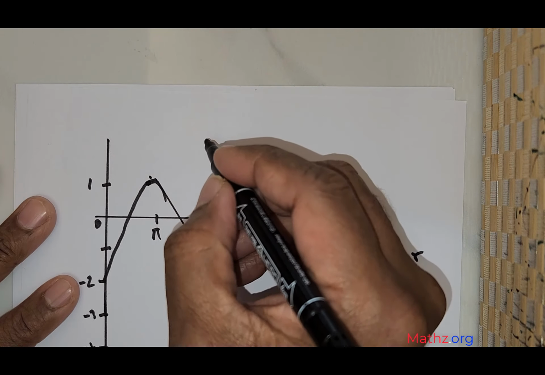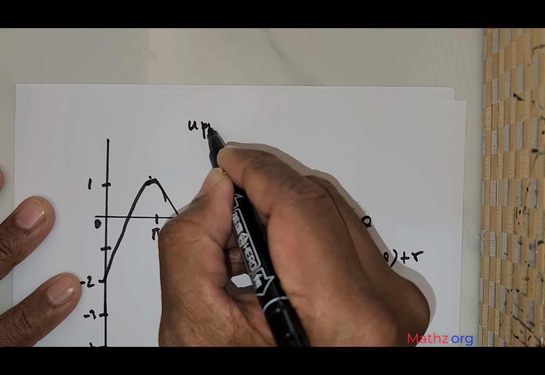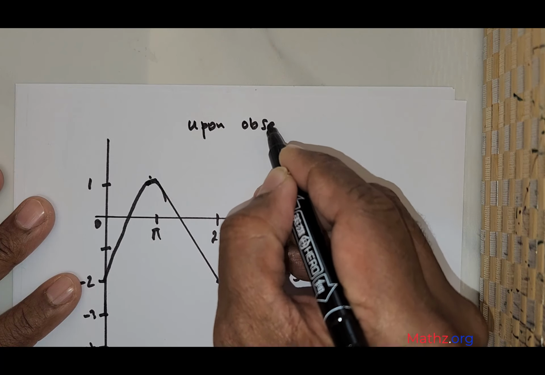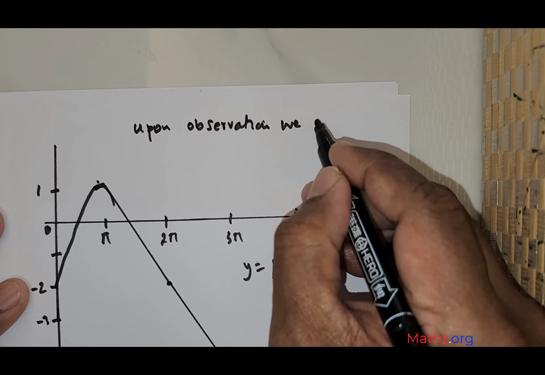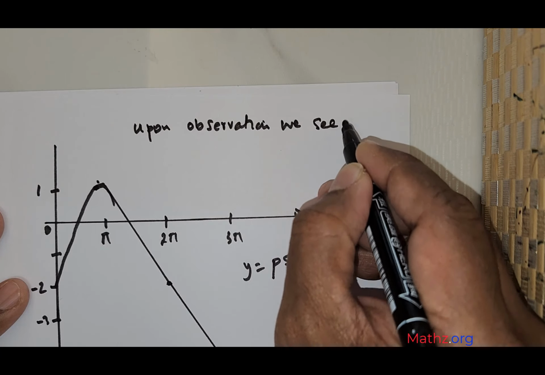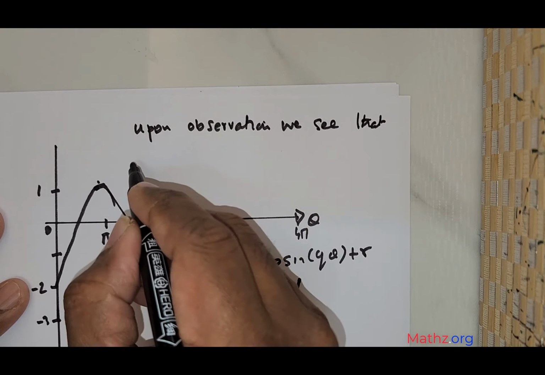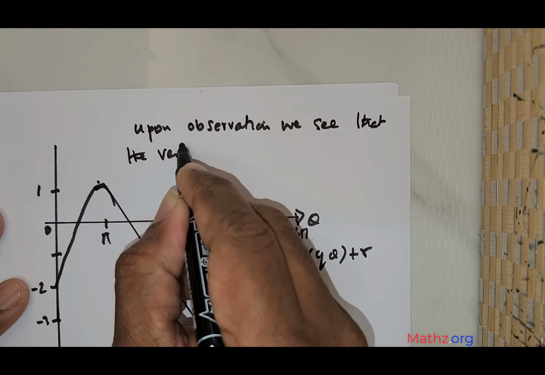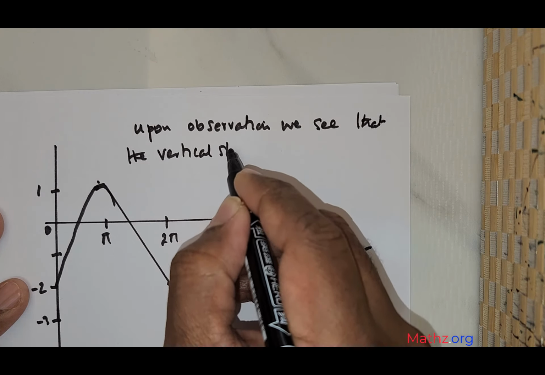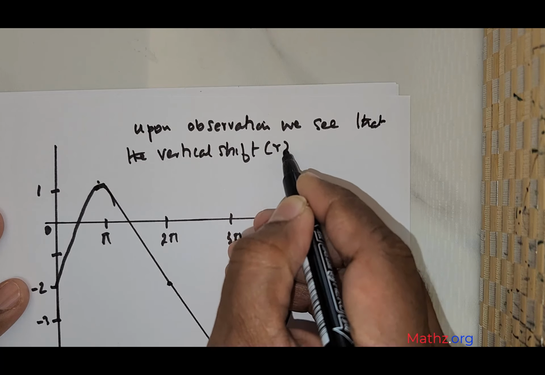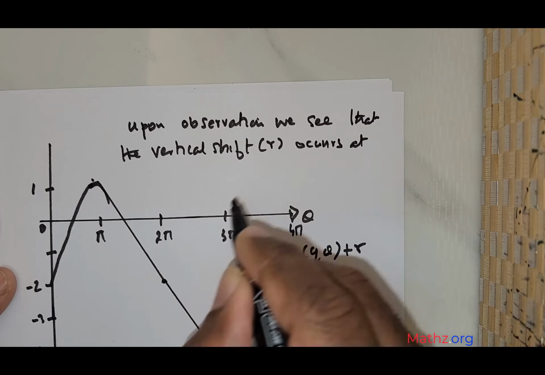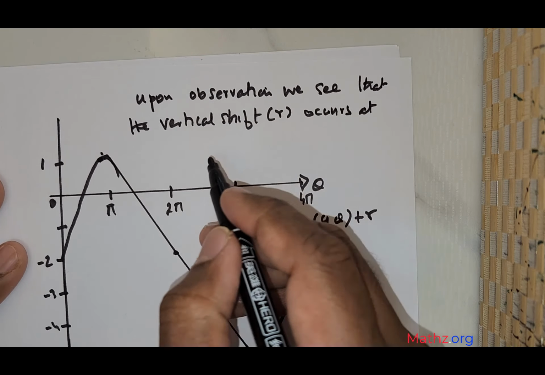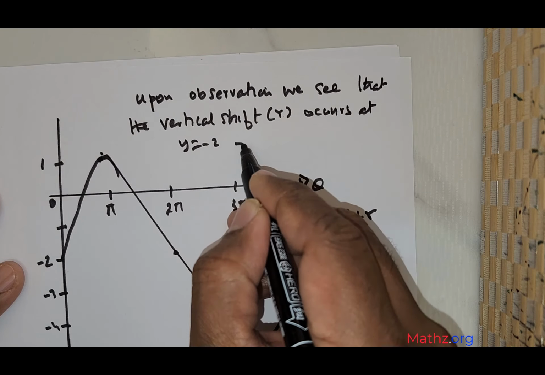So I'm going to state here, upon observation we see that the vertical shift, in brackets you write R, occurs at y is equal to -2.